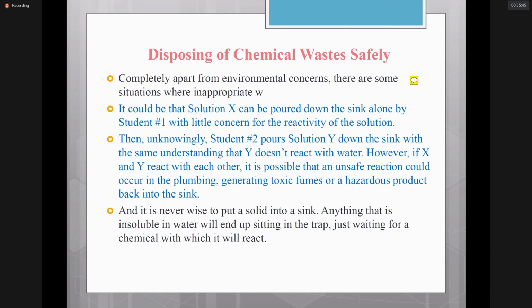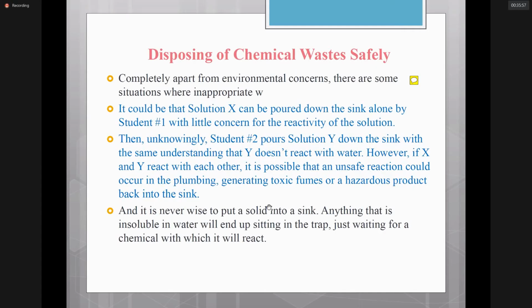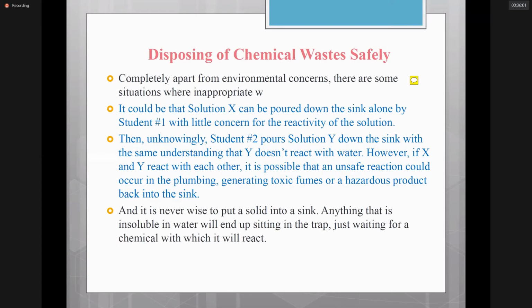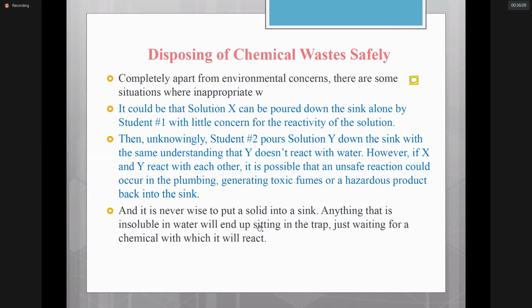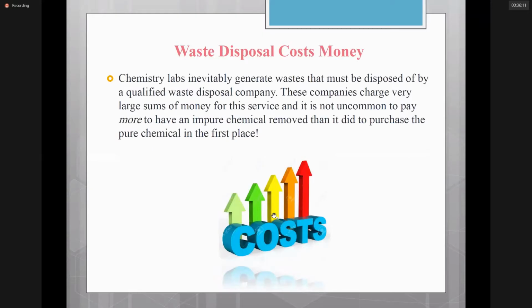Dispose of chemical waste safely by not pouring the solution unless we are instructed to, because it will react with the metal and water, with some cases of corrosive or explosive hazard chemical or solution.